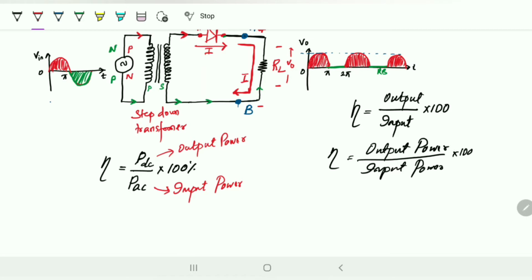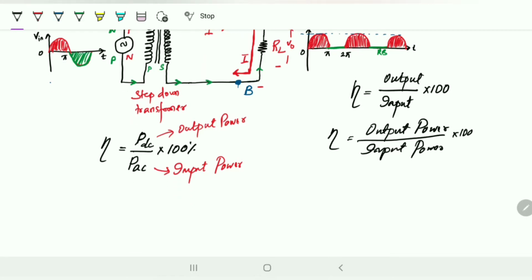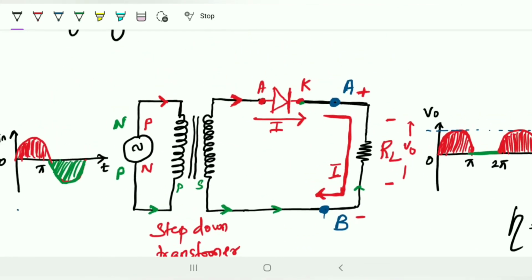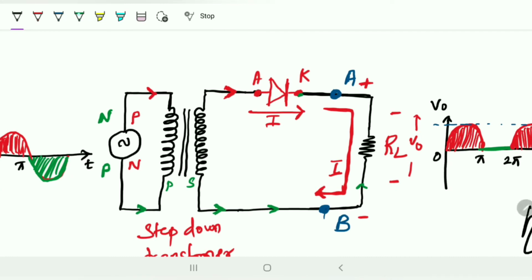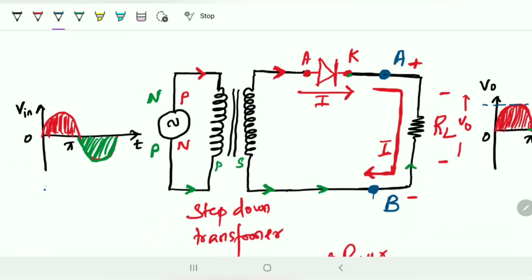So now let us see what is power. Generally, power is given as voltage into current, and of course if you want to find the voltage into current, you should know the voltage and also the current. Now for this diagram, the half wave rectifier, let me take the input voltage, which is AC, as Vm sin omega t, where Vm is the maximum magnitude value, and sin omega t is a sine curve.